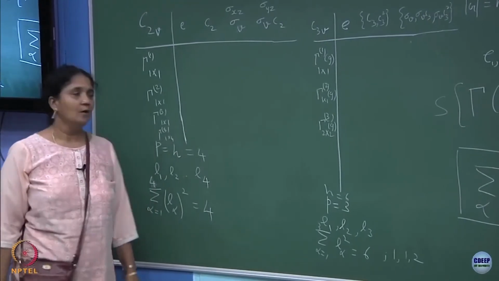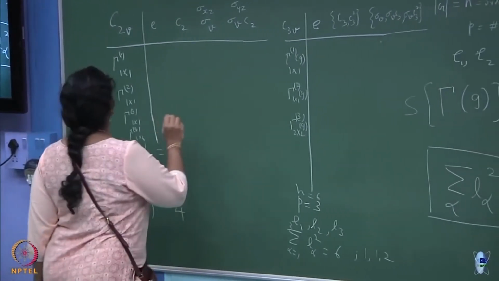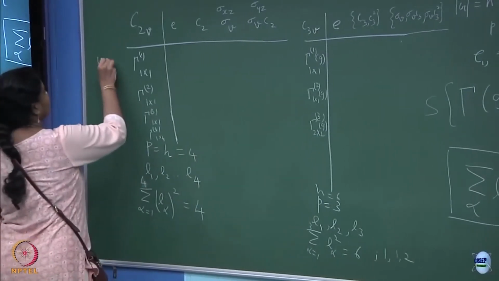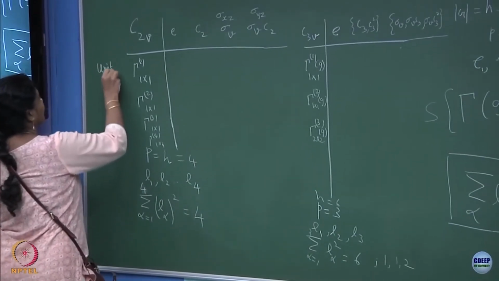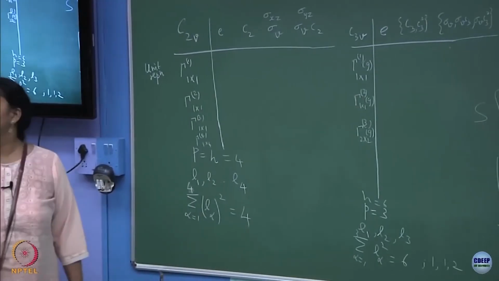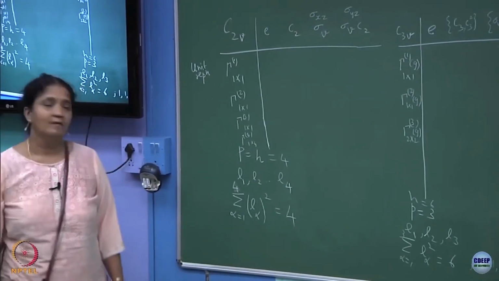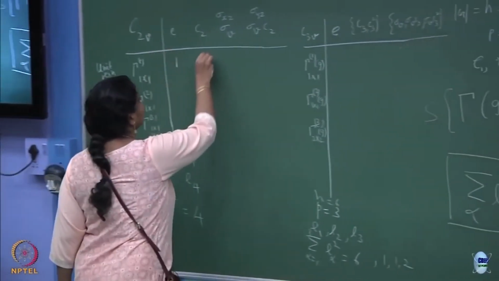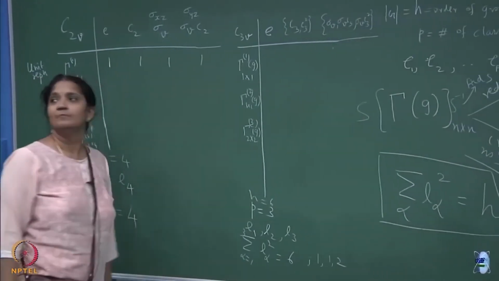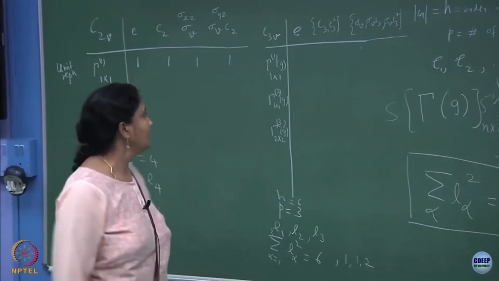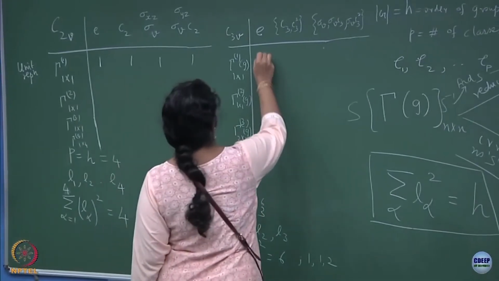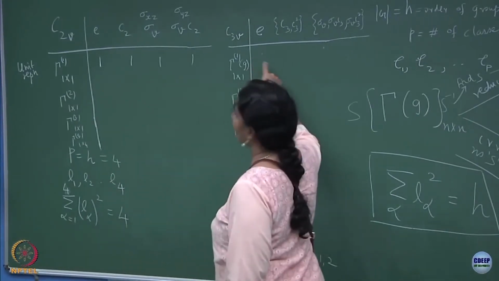Okay. I said that we are going to take this to be the unit representation, which is the trivial representation. I am going to blindly put it as 1, 1, 1, 1. Okay. Here also we will write the characters. So, now I am writing the characters here.